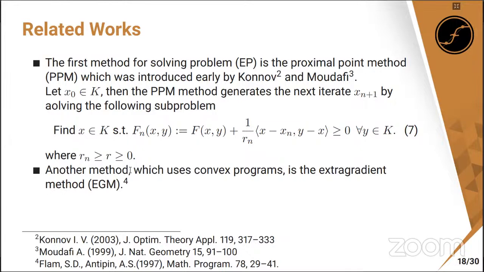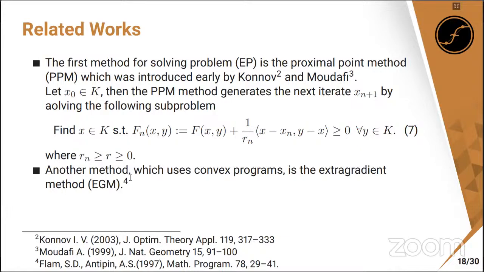And another method for solving this is the extragradient method also. One thing to note is that with these two methods, the convergence you obtain is not strong, it's weak convergence, unless you add some additional condition.